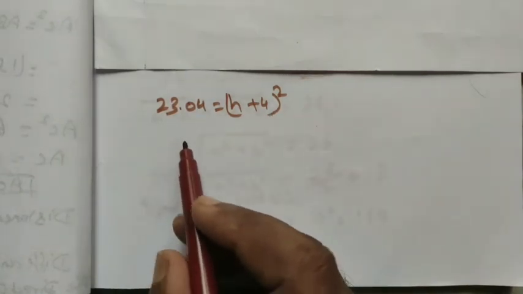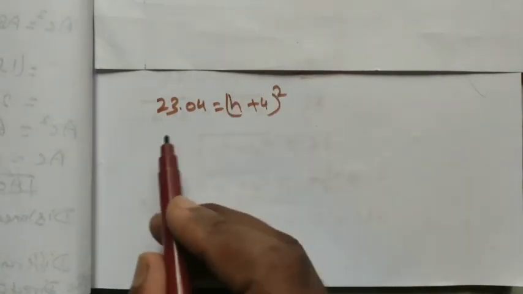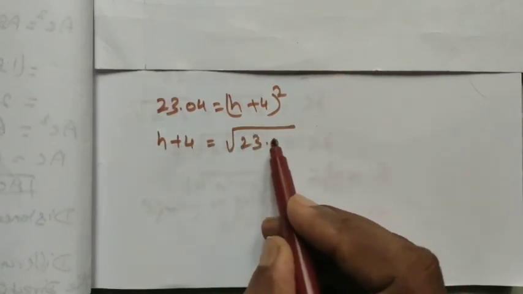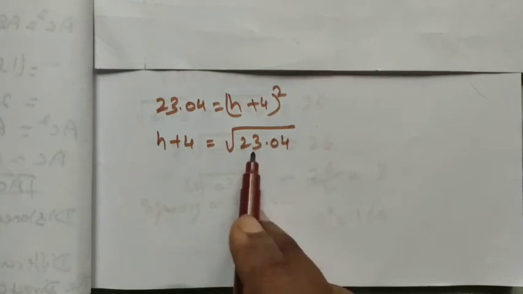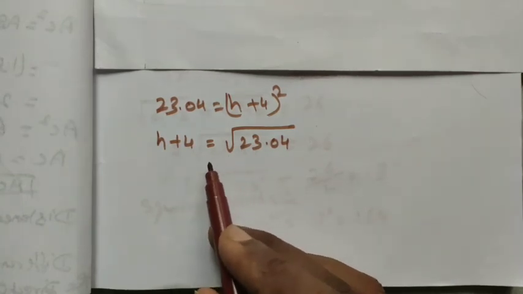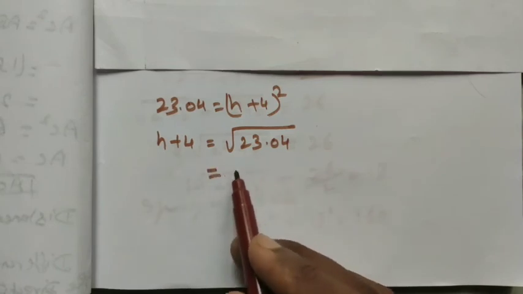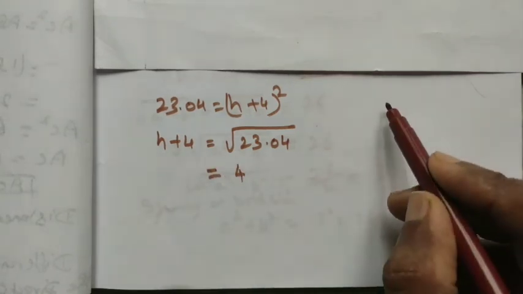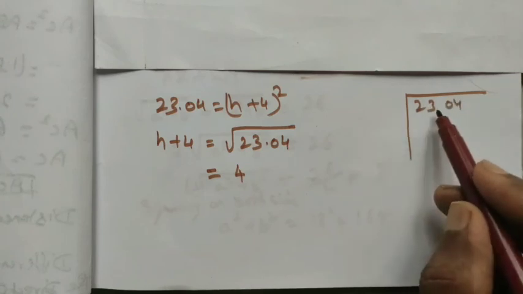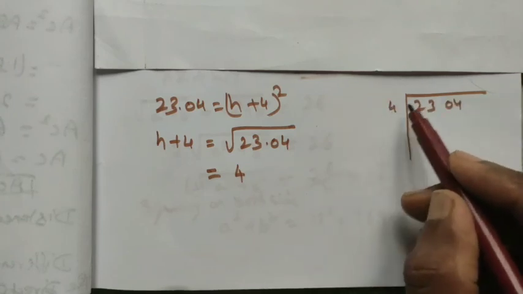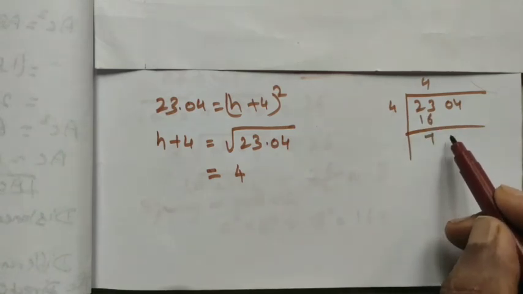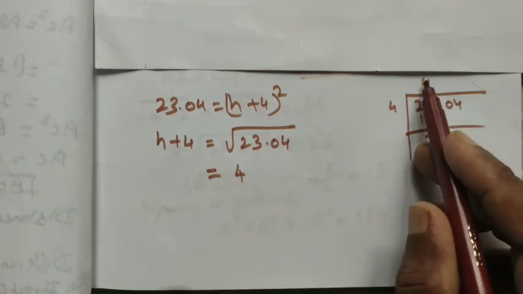Taking square root on both sides, we get H plus 4 is equal to root of 23.04, that is root of 2304 with decimal. If you take the square root for this number, 23 has a square root of 4 point something, right? So 4, 4 fours are 16, remainder is 7, and the next two digits.